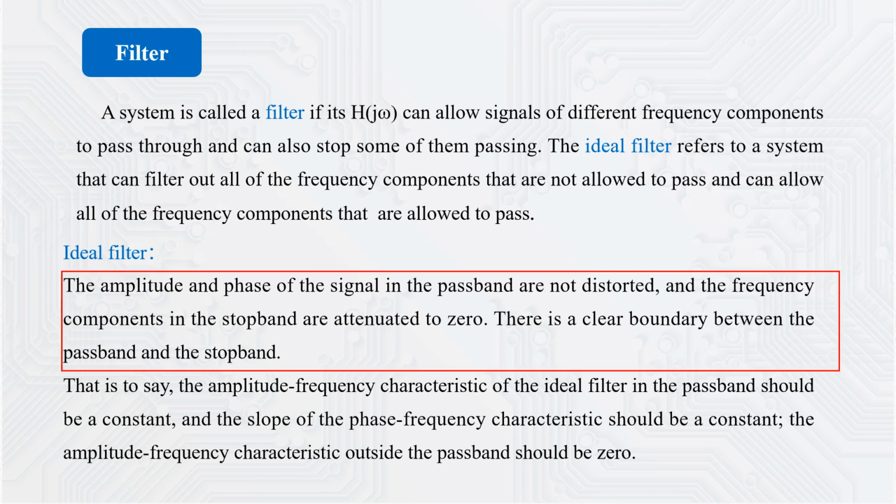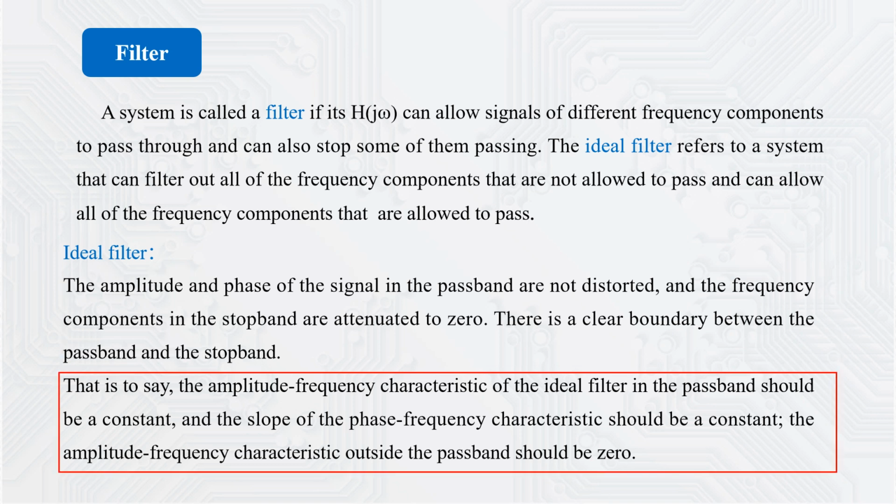Obviously, in the ideal filter, the amplitude and the phase of the signal in its passband are undistorted, and the frequency components in the stopband are attenuated to zero. There is an obvious boundary between the passband and the stopband of the filter.